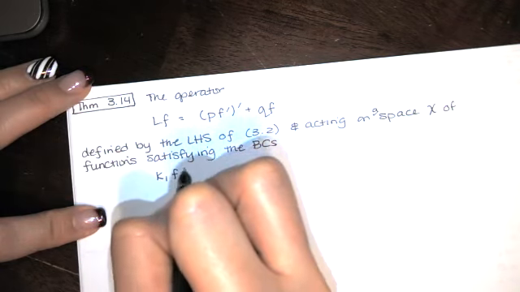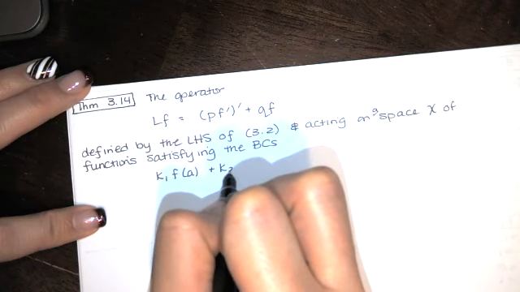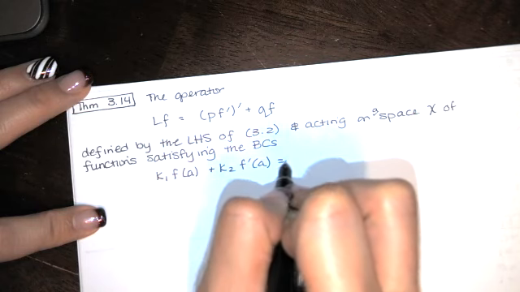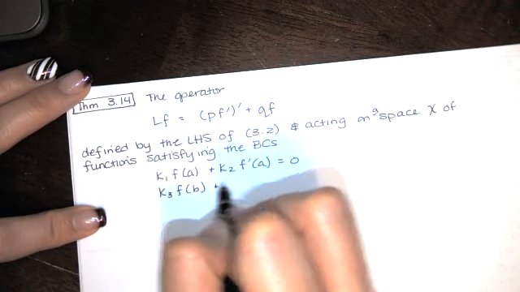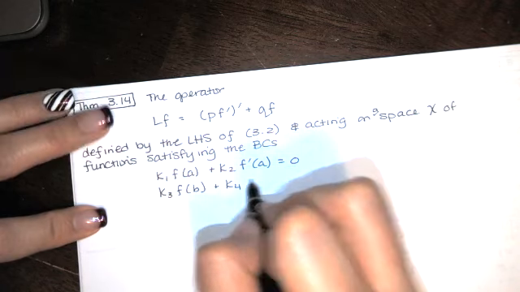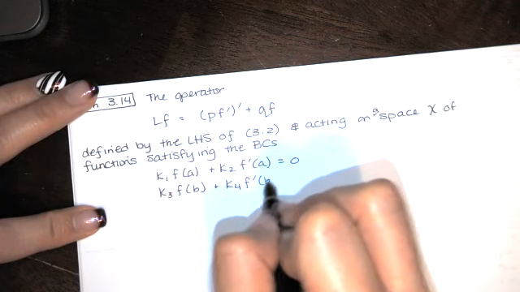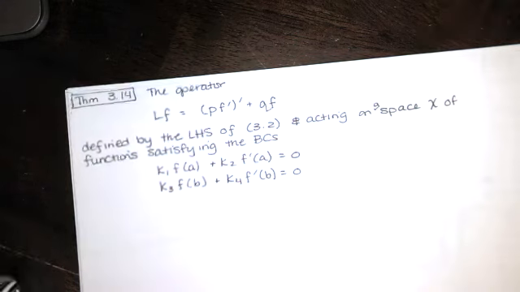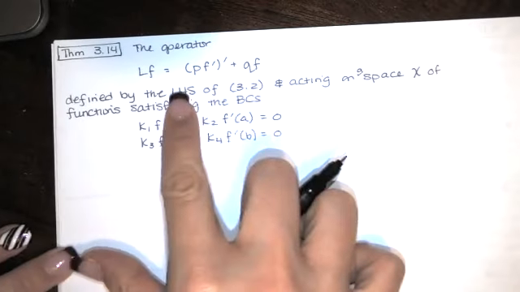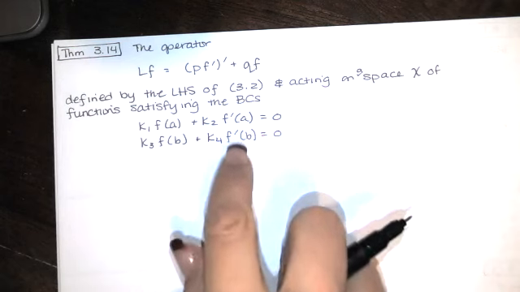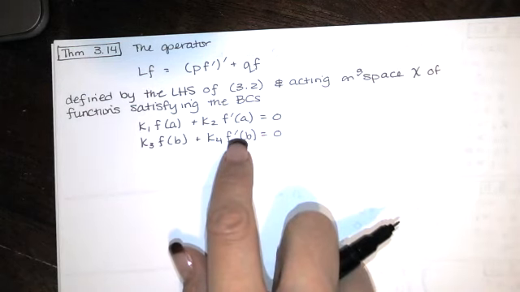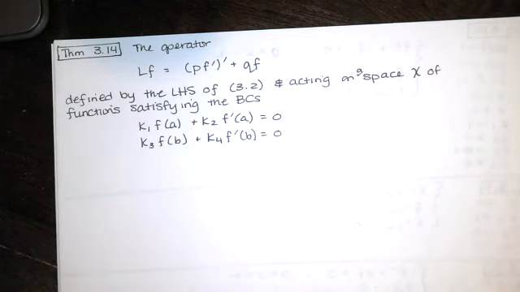So kappa sub 1 times f of a plus kappa sub 2 times f prime of a equals 0. Something very similar, but evaluated at the left endpoint, kappa sub 3 and kappa sub 4 being our coefficients, equals 0. This operator on the left-hand side of our equation acting on a space chi of functions that satisfies those boundary conditions.